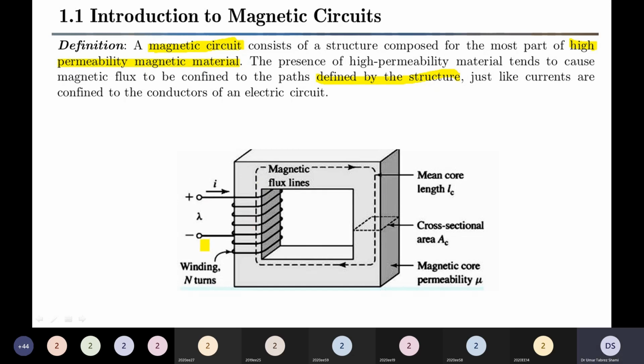In this diagram, we see the gray shaded material. It is our high permeability magnetic material. Then there are the flux lines.